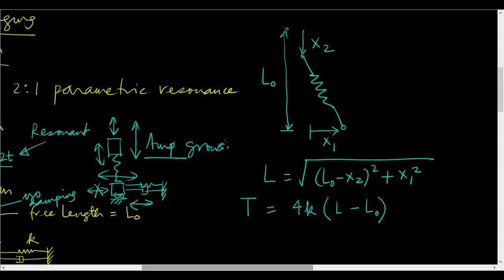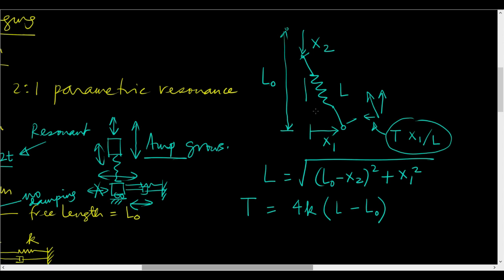And let's see, that has a component. So this tensile force which acts on this mass has a vertical and a horizontal component. This component is T x1 over L. You see, that's the component, because I want this angle, that length is L, this length is L. I hope that's clear.